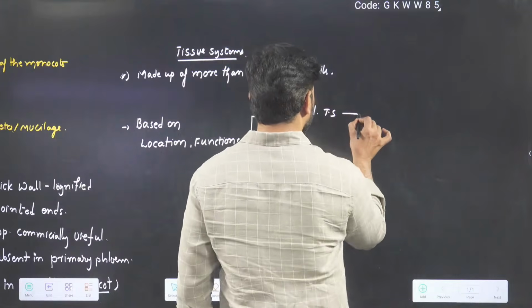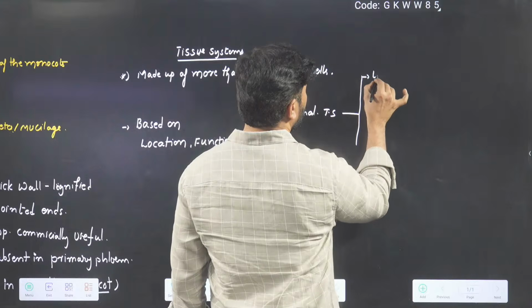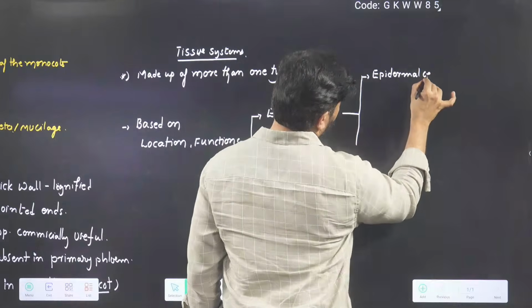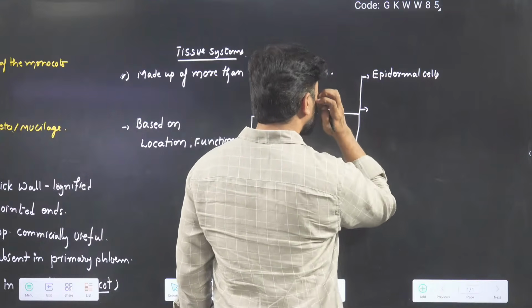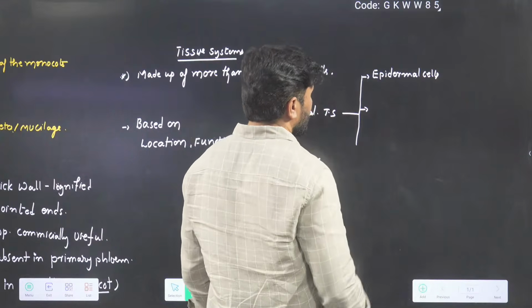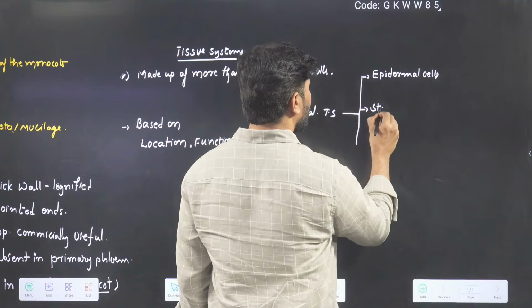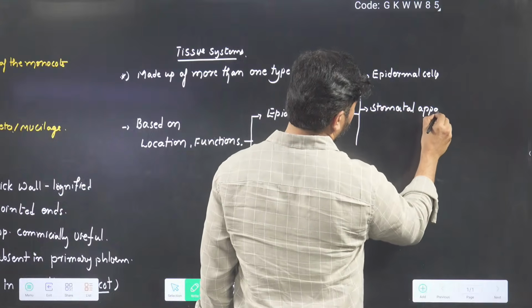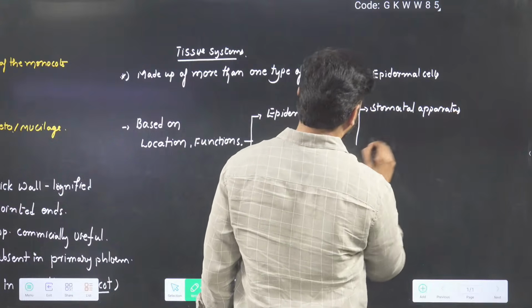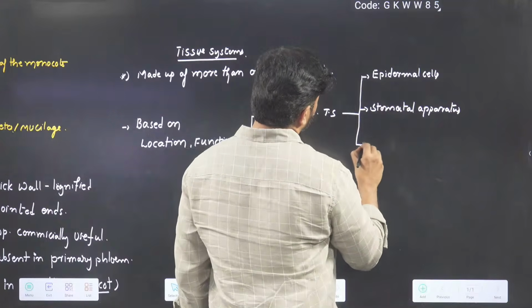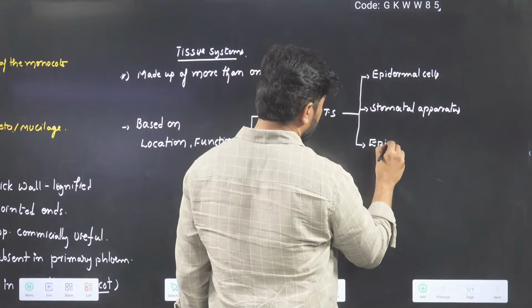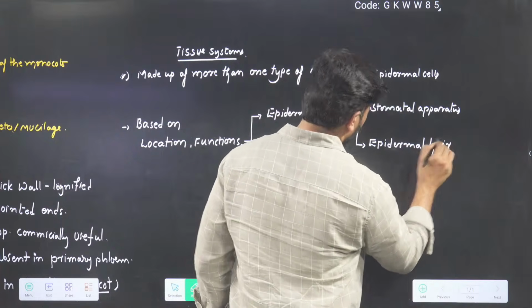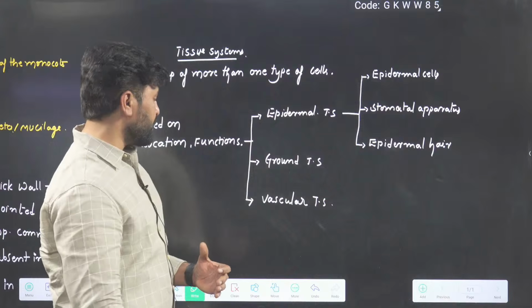I will answer like this: it is made up of epidermal cells, and it has epidermal modifications, such as the stomatal apparatus and epidermal hair. These are the parts present in the epidermal tissue system.